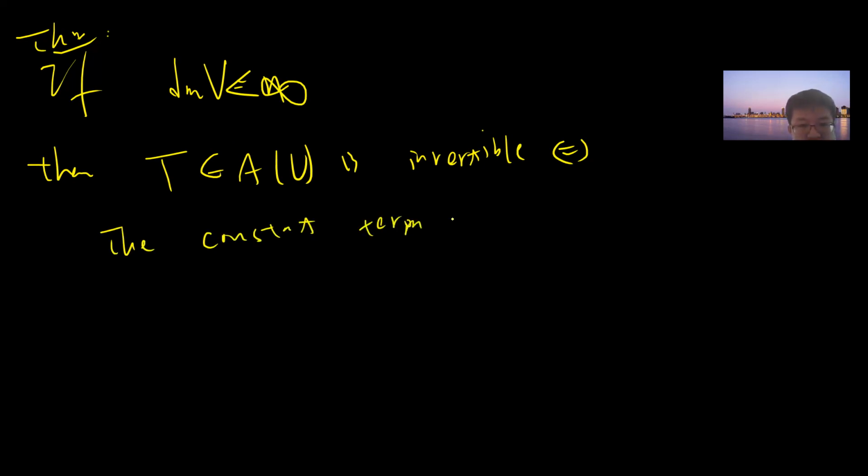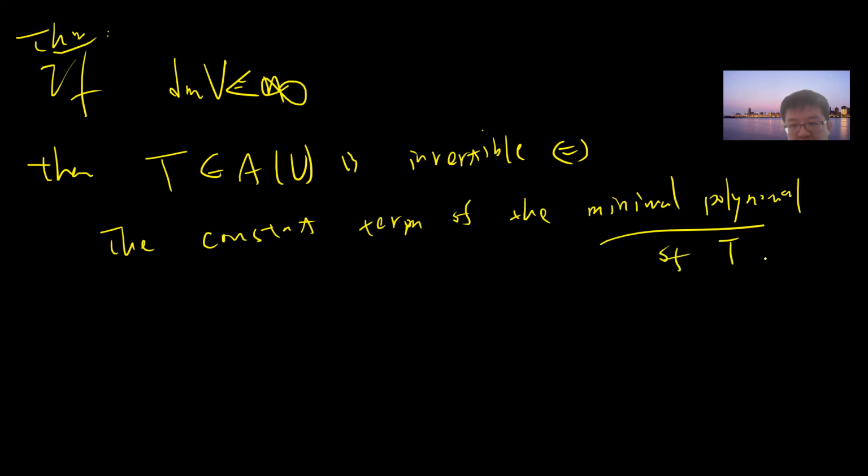So if the dimension of V is finite, then what I'm saying is that T belonging to A(V) is invertible if and only if the constant term of the minimum polynomial of T is non-zero.